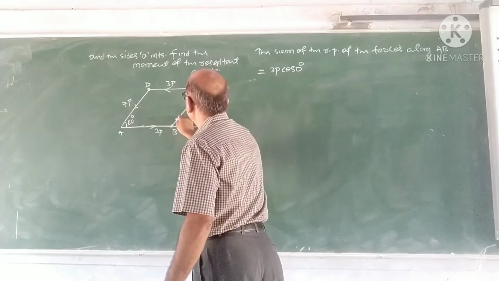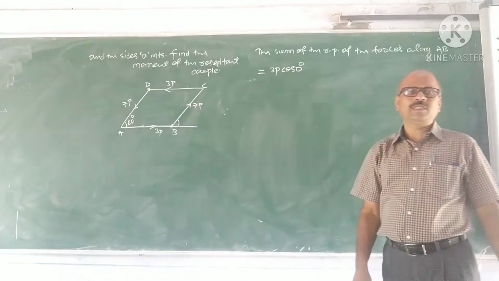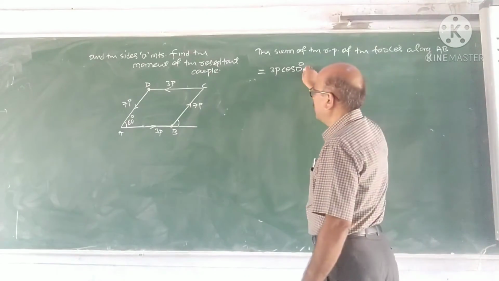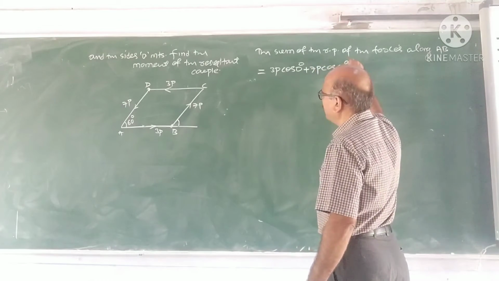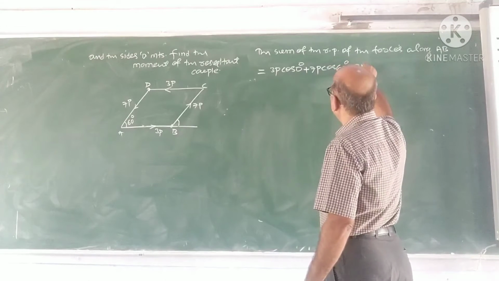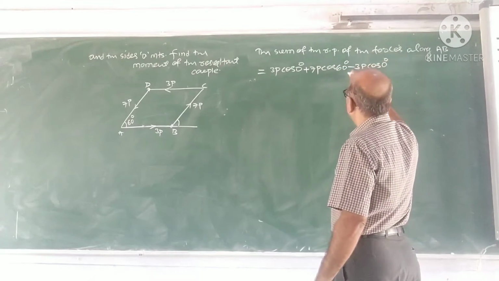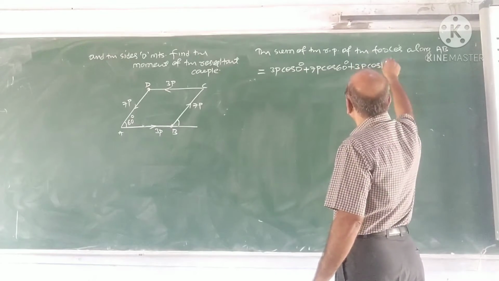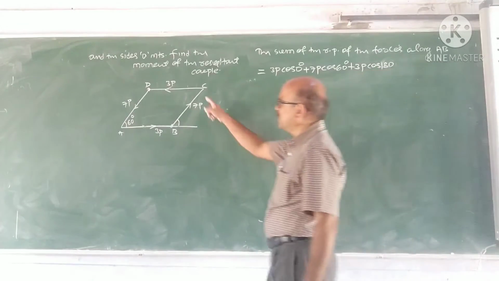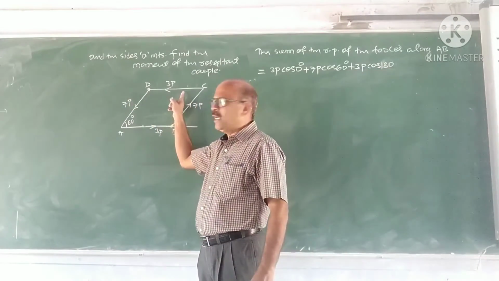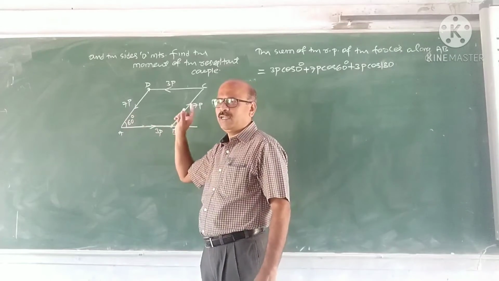What is this angle? It is 60 degrees, plus 7P cos 60 degrees, minus 3P cos 0 degrees, or plus 3P cos 180 degrees. You can take it like this. Because if you take this as the direction, plus 3P makes an angle of 180 degrees, because opposite direction is 180 degrees.